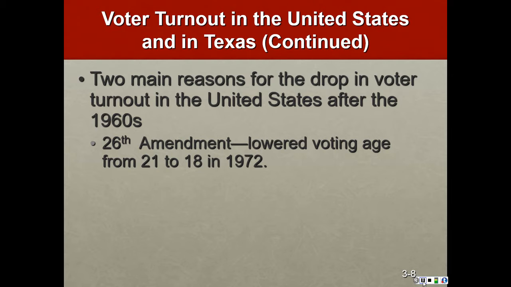So by lowering the voting age from 21 to 18, yes, we increased the number of people who can participate. However, we didn't increase the number of people who do choose to take advantage of this lower age limit. We're increasing the number of people who are eligible to vote. They just don't do it.